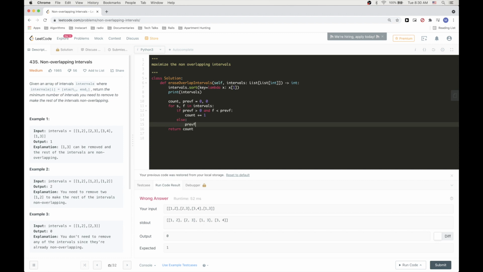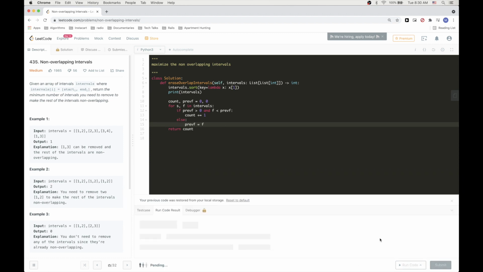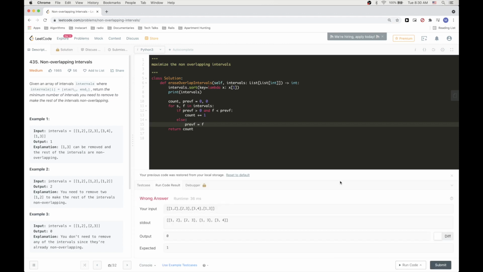So here prev f is equal to the finish time, because this means we are taking the interval, keeping the interval. And here, only if the finish time of the current interval is smaller than the previous one, then we remove it.